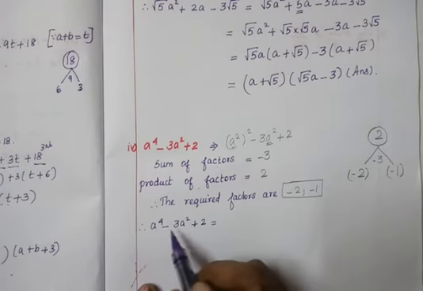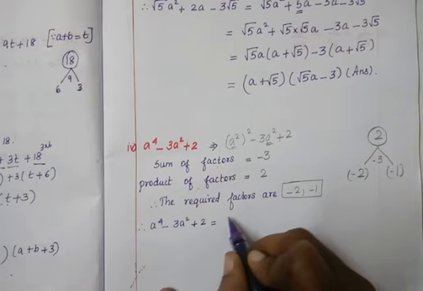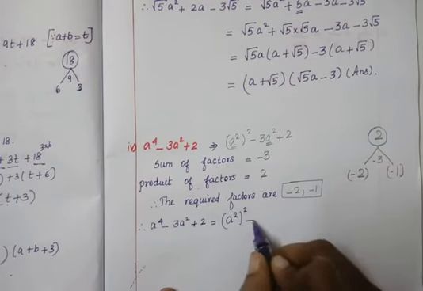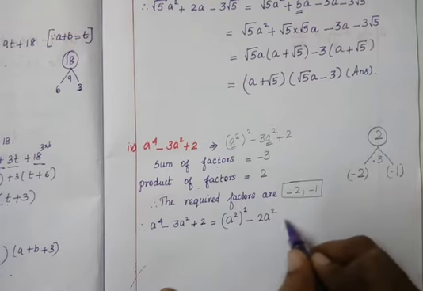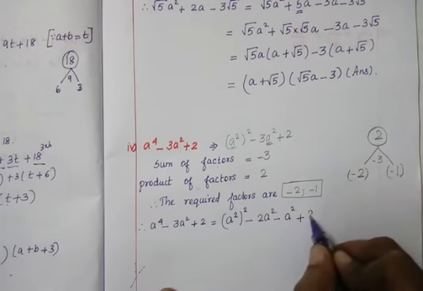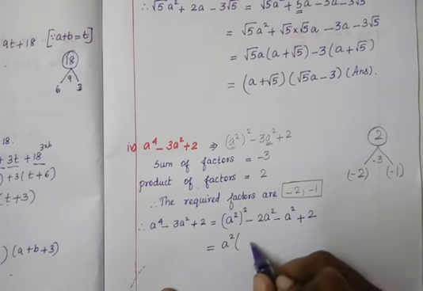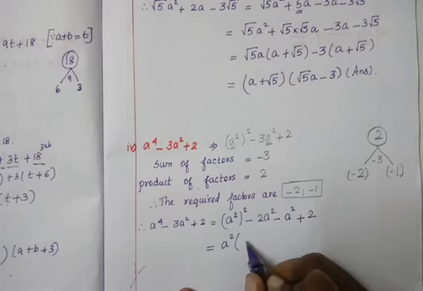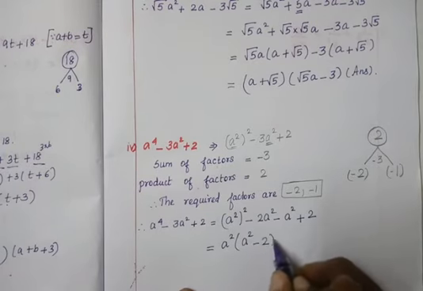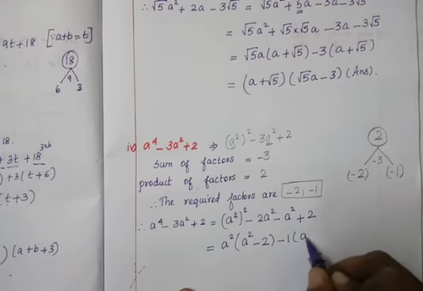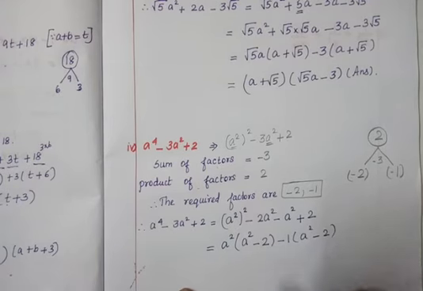Therefore a power 4 minus 3a square plus 2 equal to a square the whole square minus 2a square minus 1a square plus 2, equal to, here a square is common, a square into a square minus 2, then minus 1 is common, then a square minus 2.